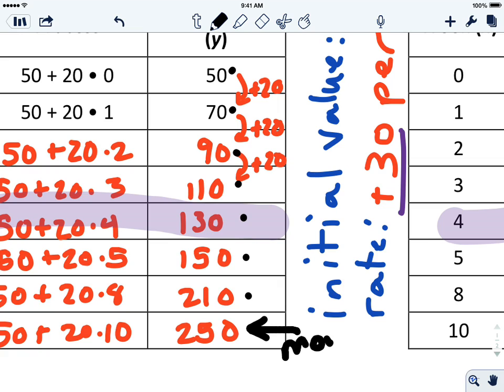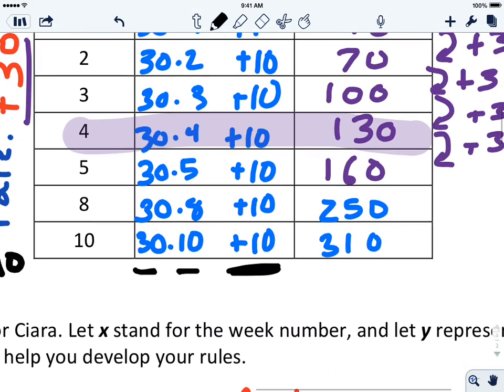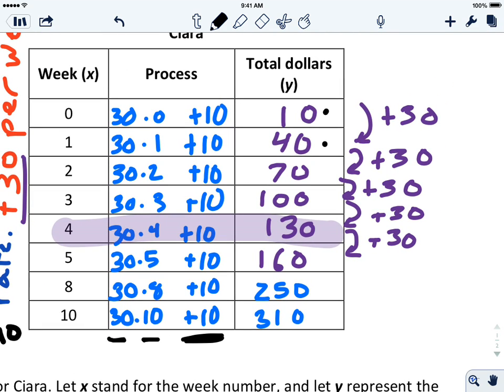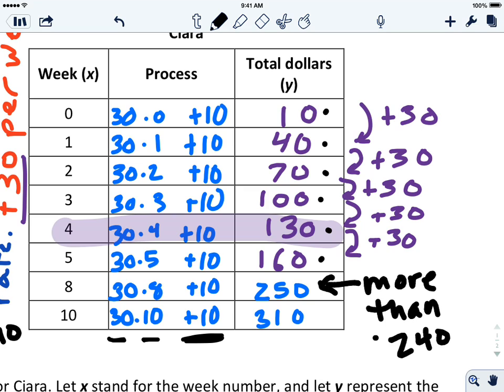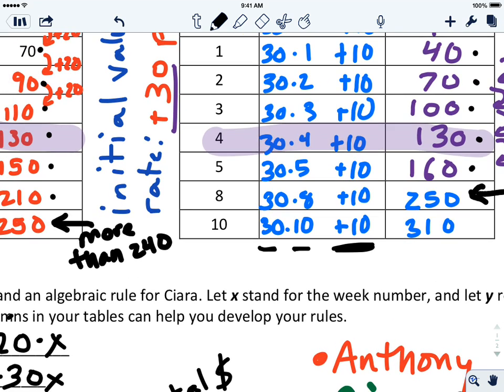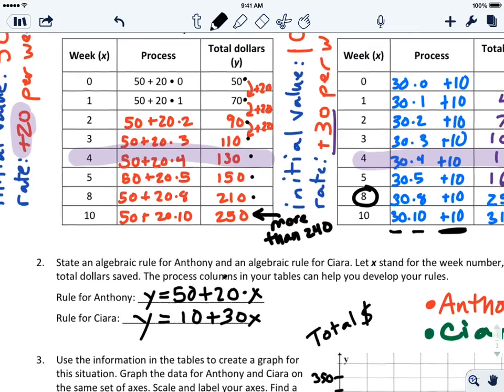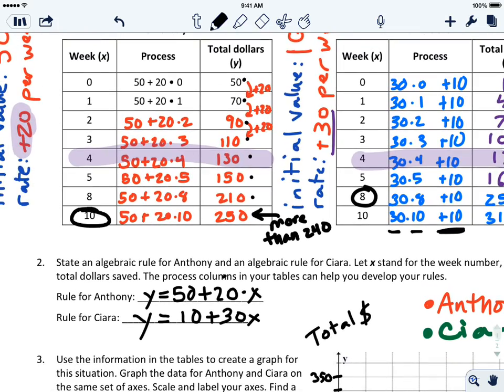So I'm going to make a note, more than 240. And then let's look at Ciara. Not enough, not enough, not enough, not enough. 130 still not enough. 160, 250 that is. And that's more than 240. So it looks like for Ciara it's 8 weeks, and for Anthony 250 happens in 10 weeks.